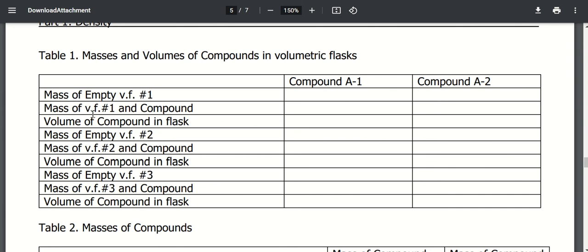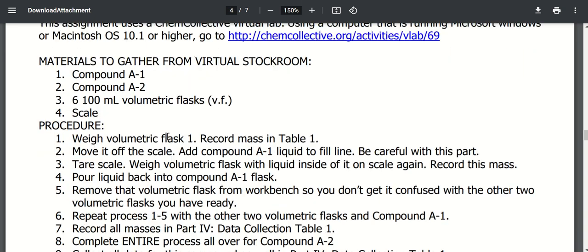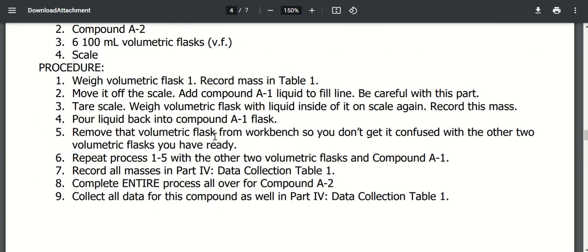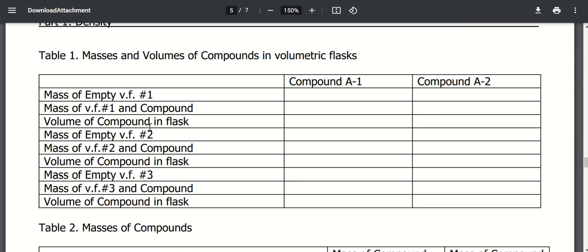And then here is whenever you've already added the compound in. So you're going to add a certain amount of the compound into the flask. And I state that in the procedure, how much exactly to add. Okay. And then you're going to record the volume. And this part sometimes confuses students.